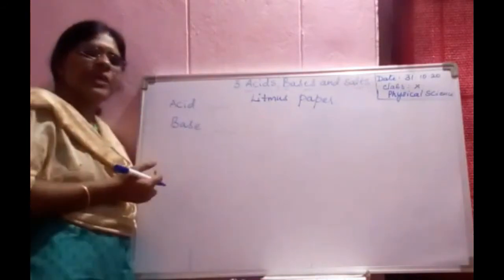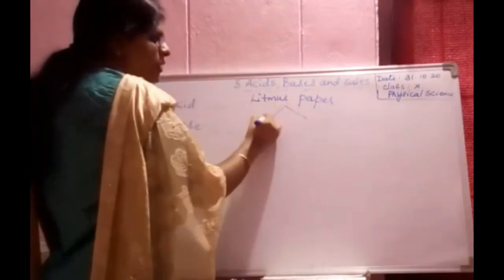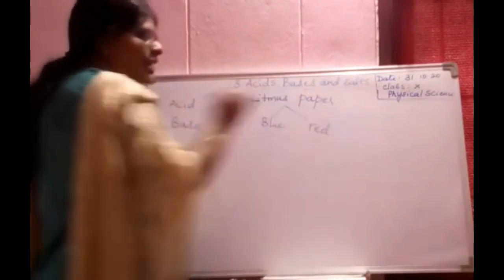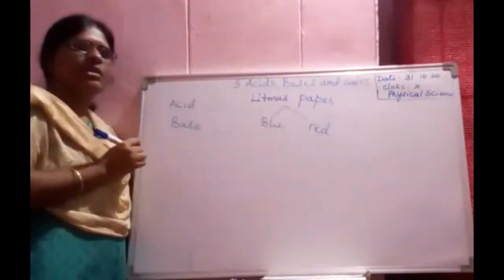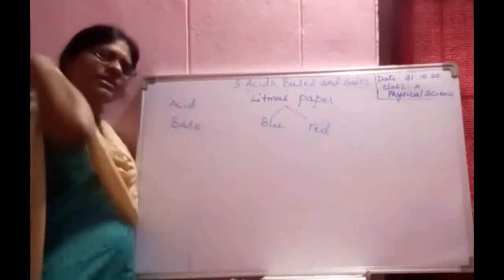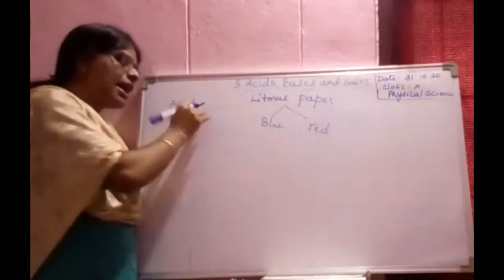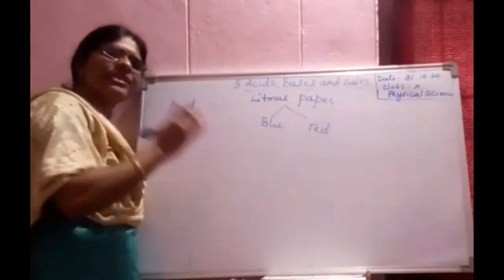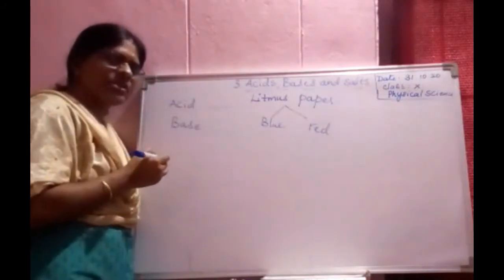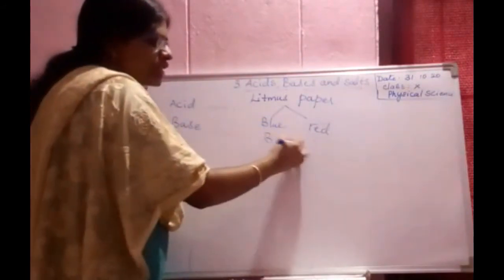Here you will see two types of litmus papers, a blue litmus and a red litmus. From your earlier classes like 8th and 9th, we have studied that to test whether the given substance is an acid or a base, your blue litmus will always change to red.